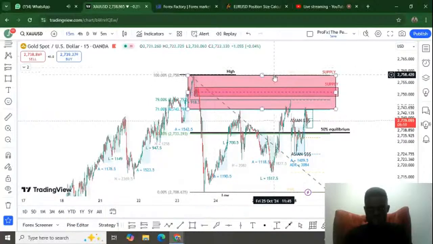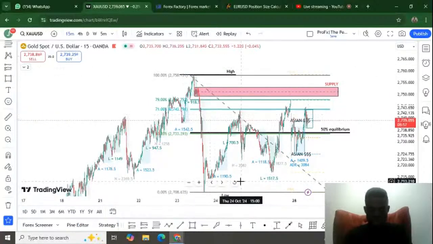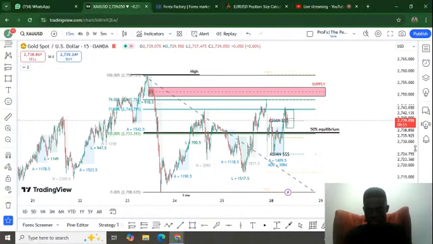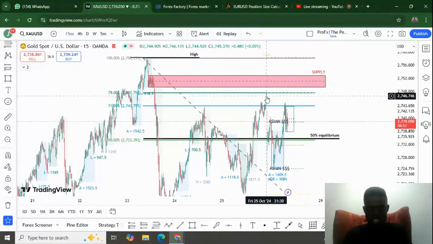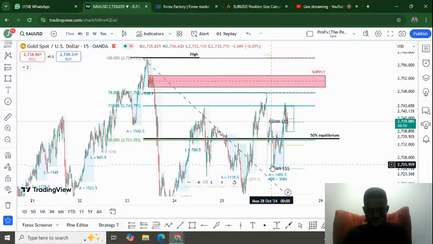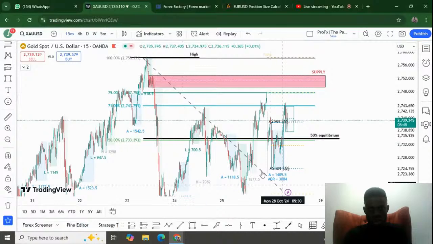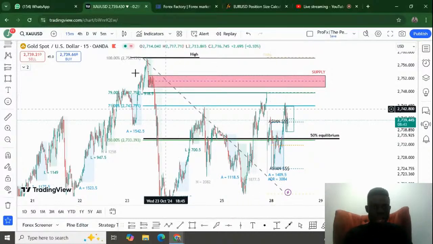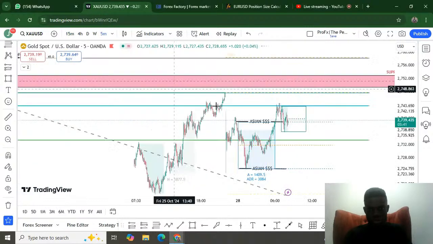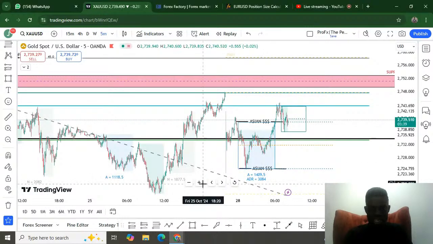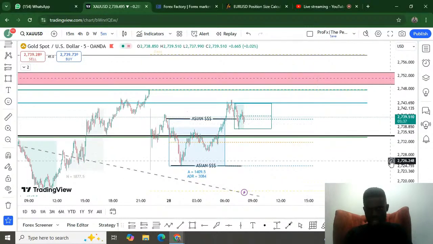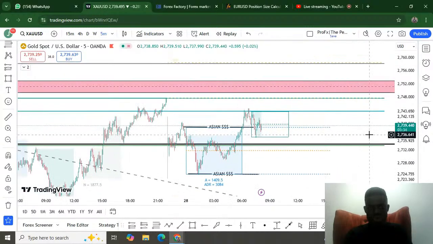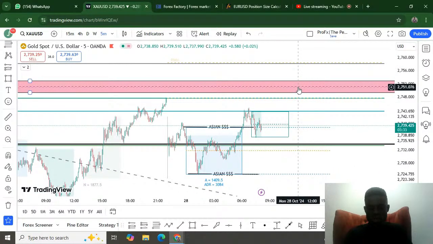So let's be safe. We tested 79, came back and sold during the Asian session. Now we are at 71%, and this is the London session, but we are still buying. So it's likely that we will buy further into the 79 and this supply, and from there we start selling during the New York session.